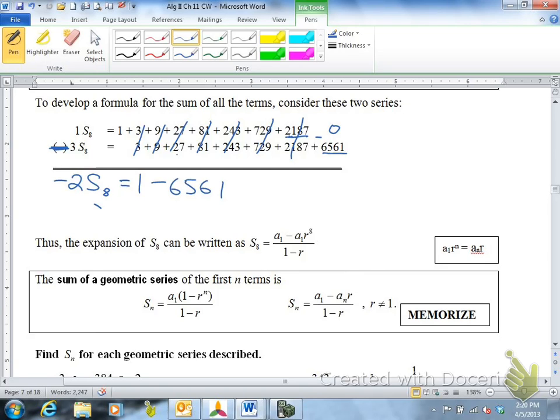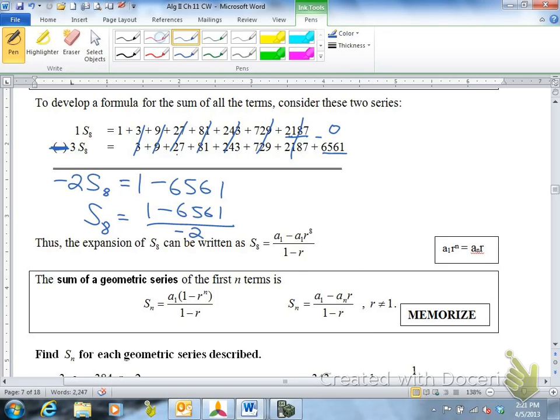And then we can find the sum of these 8 terms. So the sum of the 8 terms is 1 minus 6561, divided by negative 2. And you can probably do that in your head. This is negative 6560 divided by 2. So half of 6560 would be the answer of the sum, which would be faster, I guess, than actually trying to add all these up, unless you had a calculator.